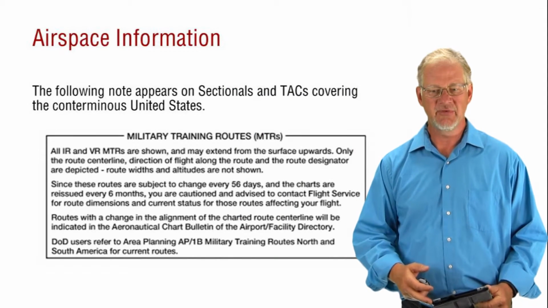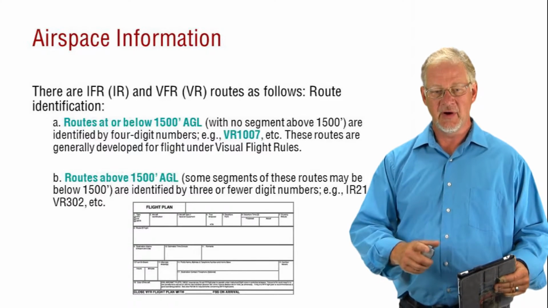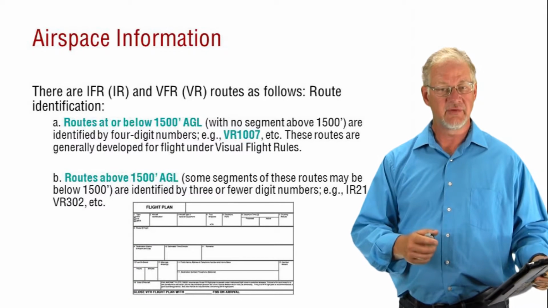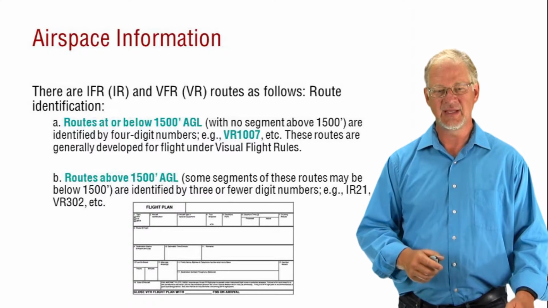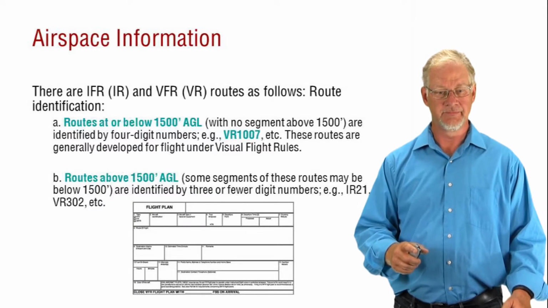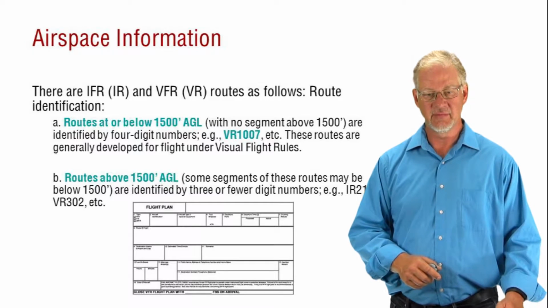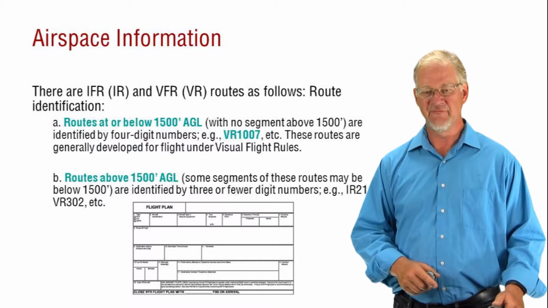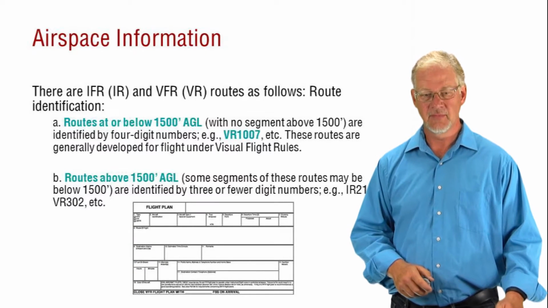The following note appears on sectionals. Notice that box in the right-hand corner there. There are IFR, which is called IR, and VFR, which is often referred to as VR routes. And here's the route identification, and I put it in bold. Routes at or below 1,500 feet above ground level with no segment above 1,500 feet are identified by 4-digit numbers like VR1007.